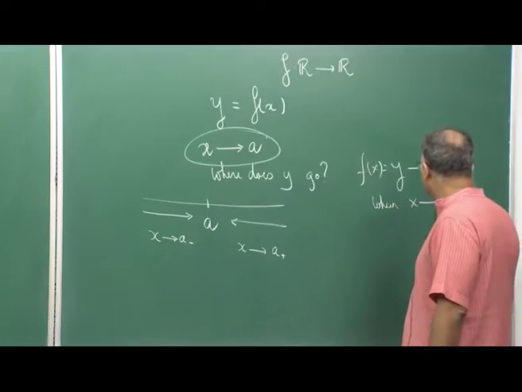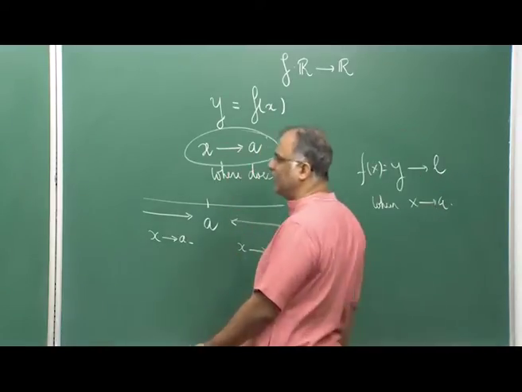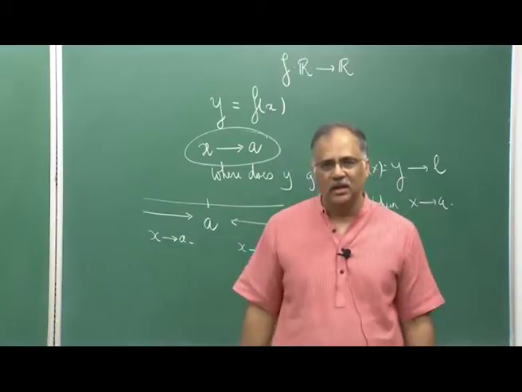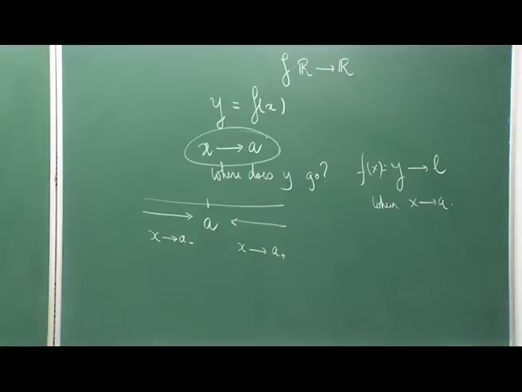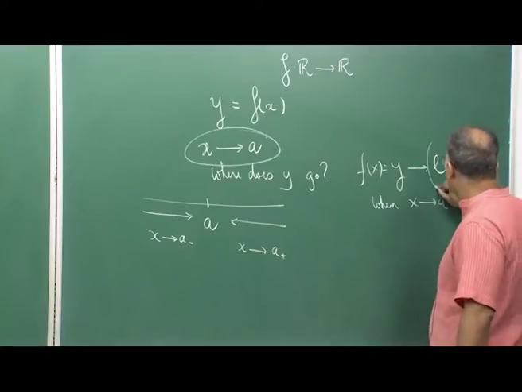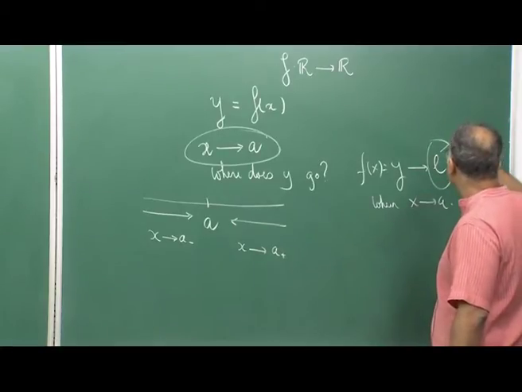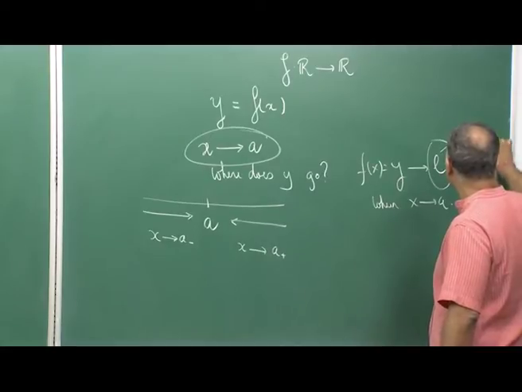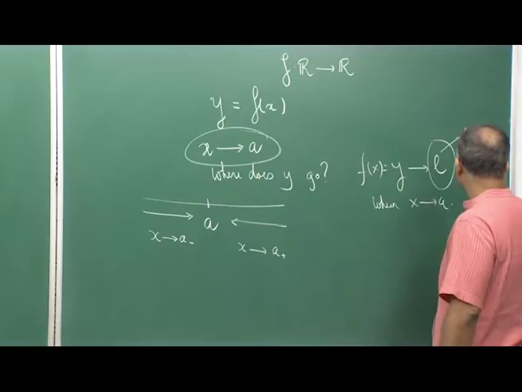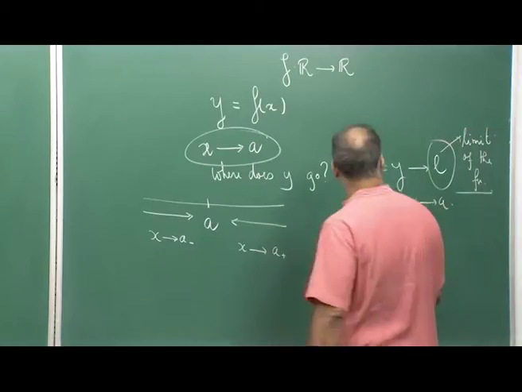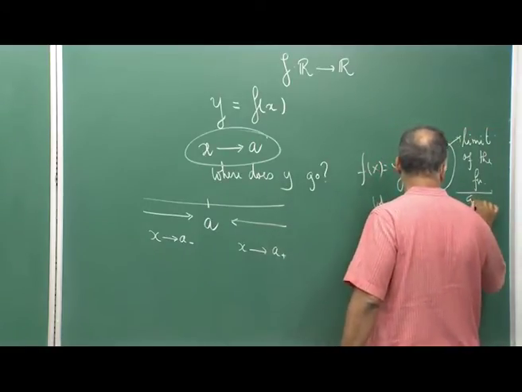It does not matter whether x is moving to a from the right side or left side, the f(x) value goes to L. Only in that case will we say that L is the limit of the function as x goes to a.